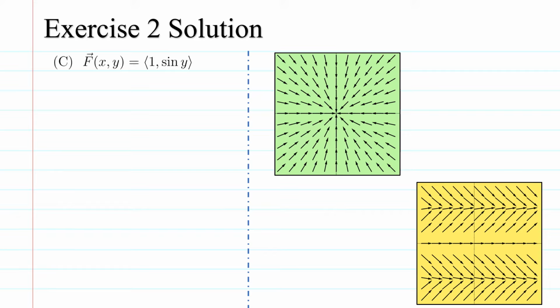For this vector field, isang maganda observation ay mapansin na yung x component laging 1. So dahil dyan, laging positive yung x component. Yung y component, sin y, nagbabago-bago siya. Tapos hindi pa natin alam kung positive, negative, or 0.